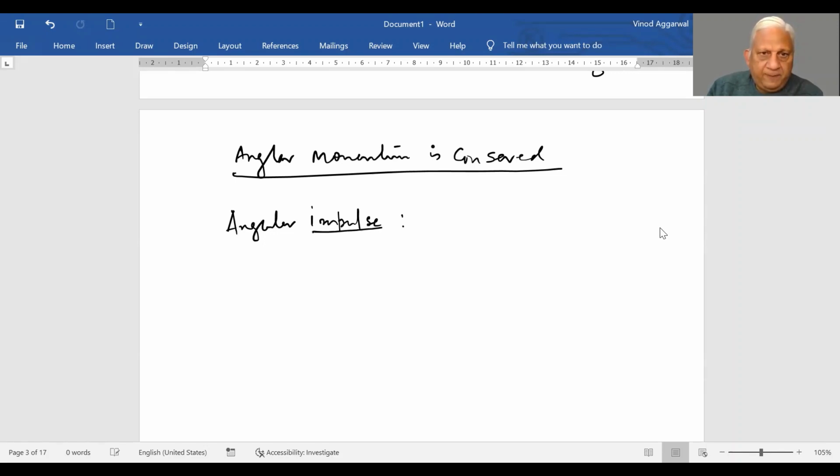Exactly the same way, you have angular impulse as well, which is defined as J, and is equal to a torque tau for a very short while. And if you integrate it over the total time, what you get is an impulse.